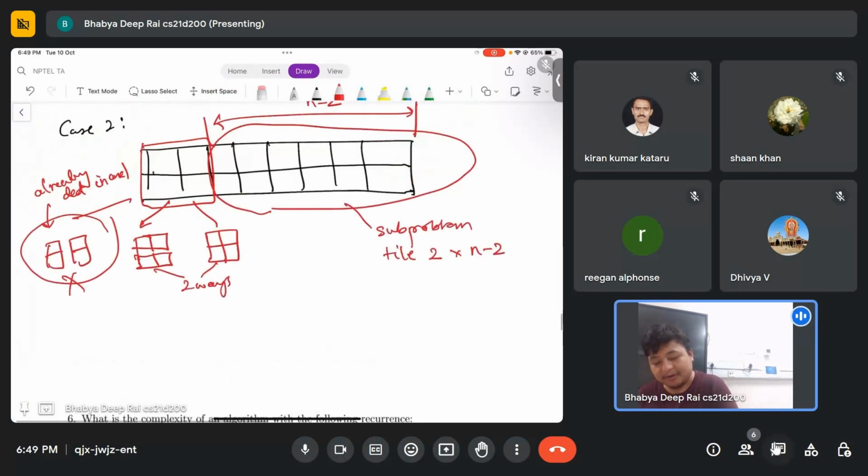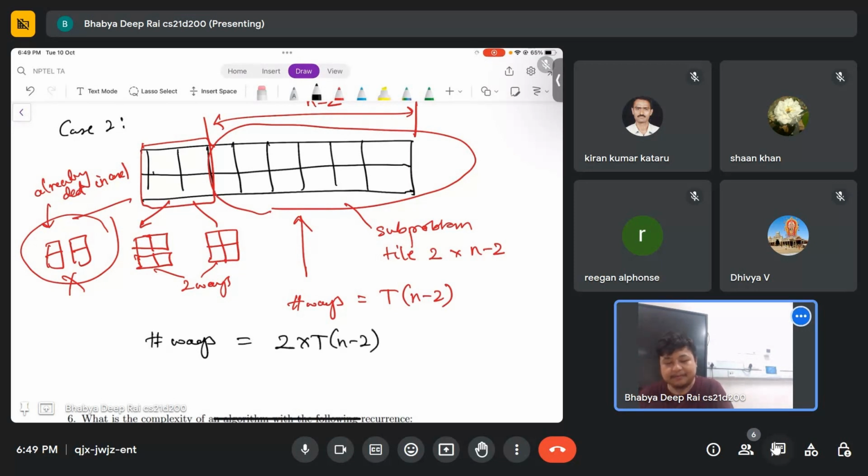There are 2 ways, and how many ways are there to tile the rest? The number of ways to tile 2 cross n minus 2 is nothing but T of n minus 2. So the number of ways in case 2 is 2 times T of n minus 2.